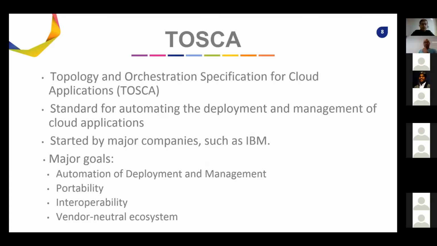So TOSCA is a Topology and Orchestration Specification for Cloud Applications. It's an OASIS standard for automating the deployment and management of cloud applications. It was started by a big consortium of companies and institutions, for example, IBM, and it is a cloud modeling language with the goal to simplify describing what software should be deployed, how it should be deployed, and what its relationships are to other software and the underlying infrastructure.